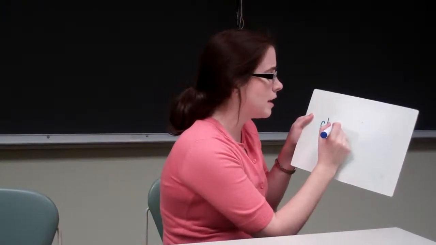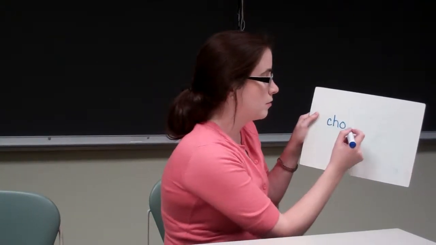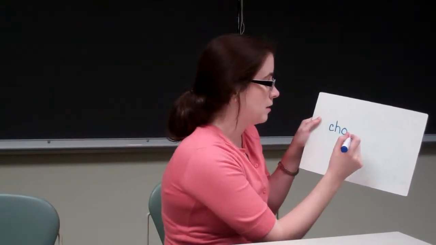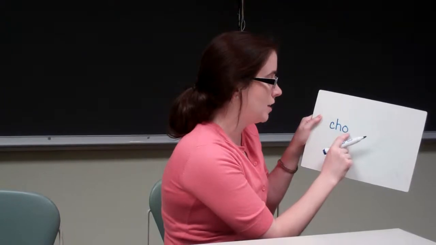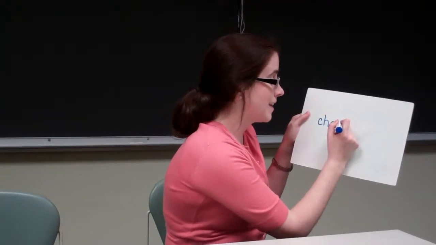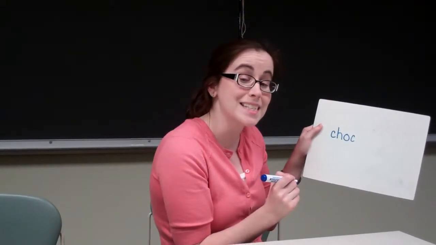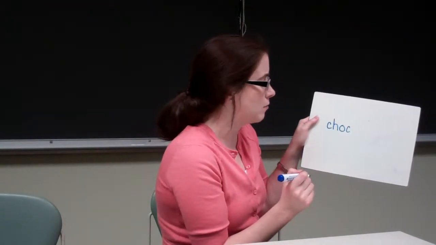This is a hard one. It's another vowel, and it's the letter O. So now we need the k sound, because we have cho, and we need the k sound. It actually makes the same sound as the letter K, but it's actually a C. K and C make the same sound.